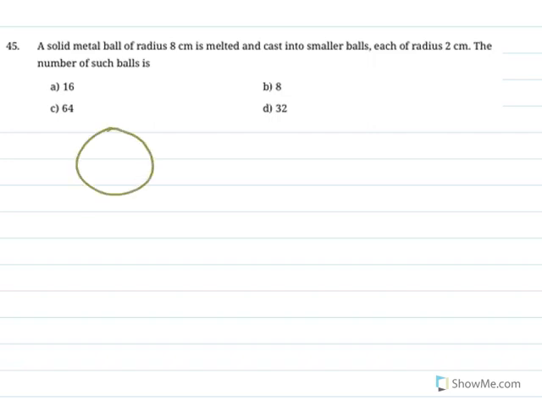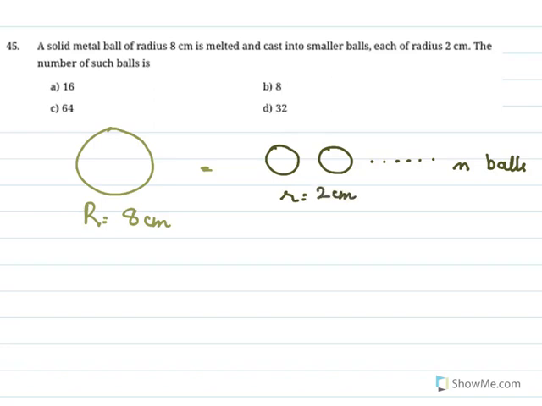So we have a large ball where the radius is 8 centimeter. It is now melted into smaller balls. We don't know how many, we'll say n balls, each having a radius of 2 centimeter.